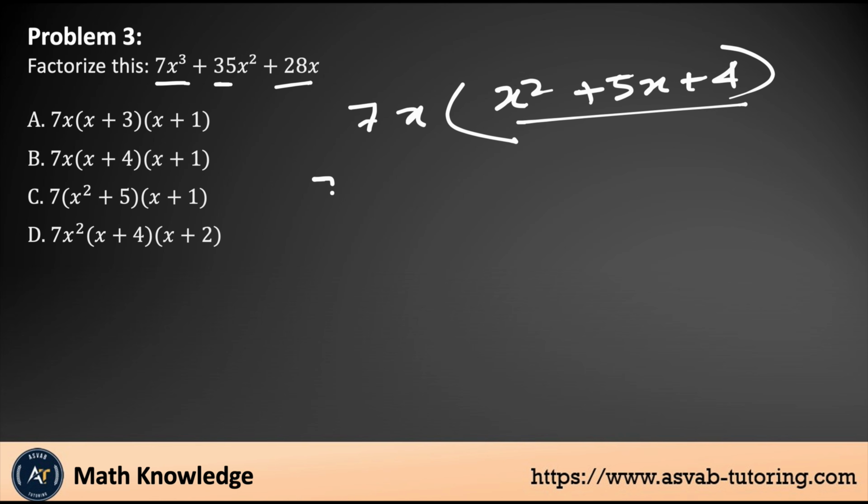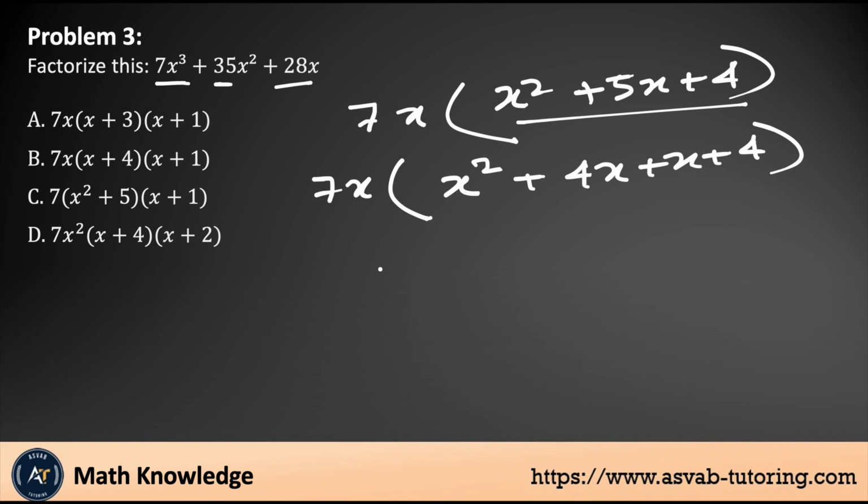Let's keep 7x outside, separate. You need to use the middle term factoring. Let's split that 5x into two parts. That gives you x squared plus 4x plus x plus 4. Keep 7x in here, and then take x common here.